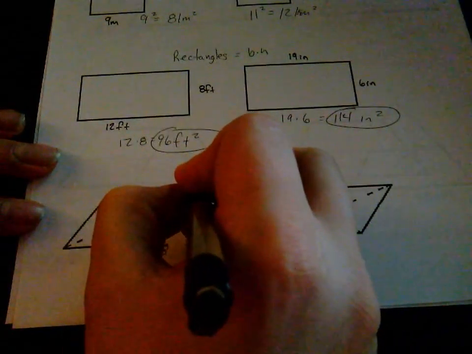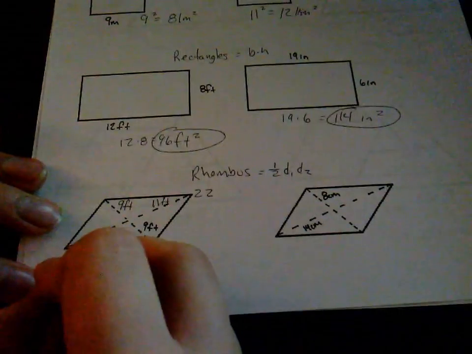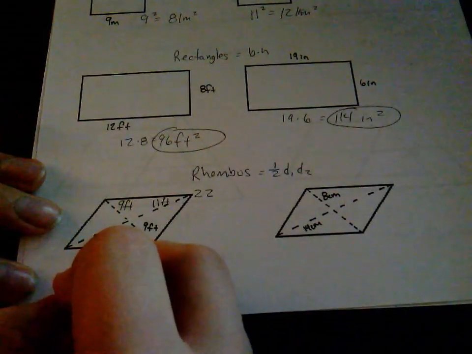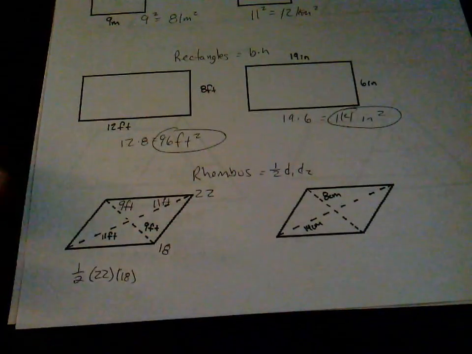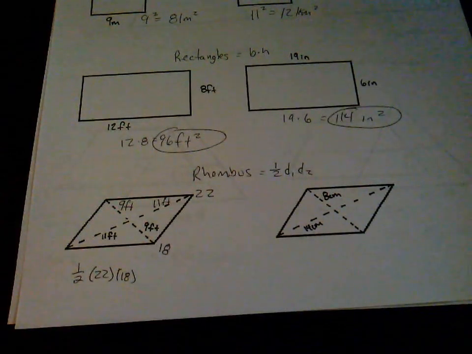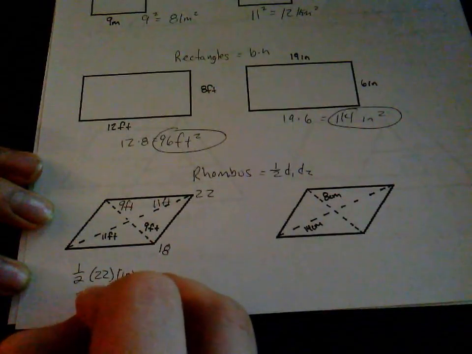This one will add up to give you 22. So all you have to do is 1/2 times 22 times 18. If you do that, you get 396 feet squared.